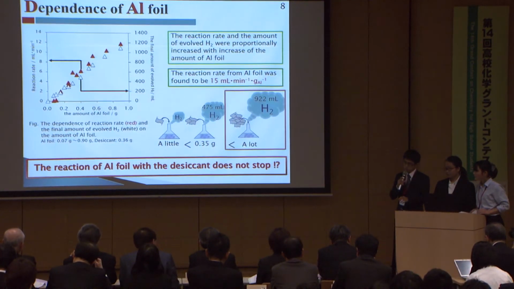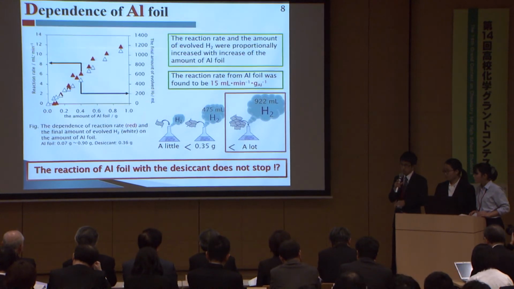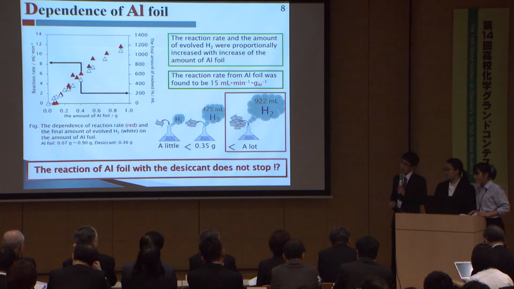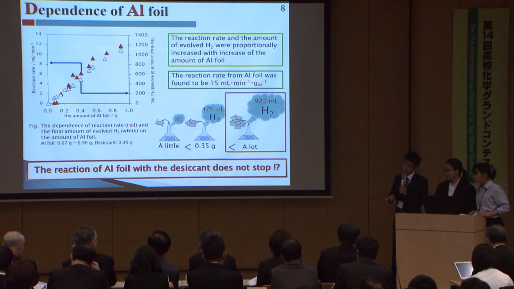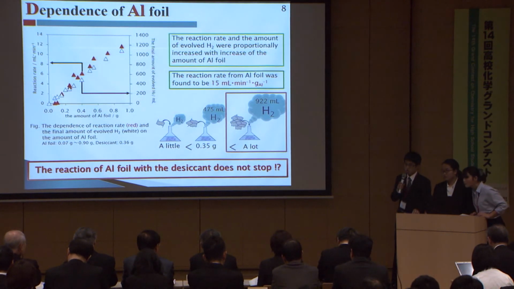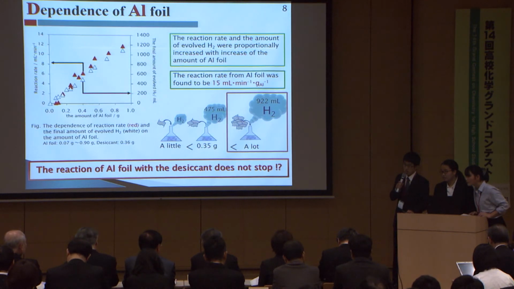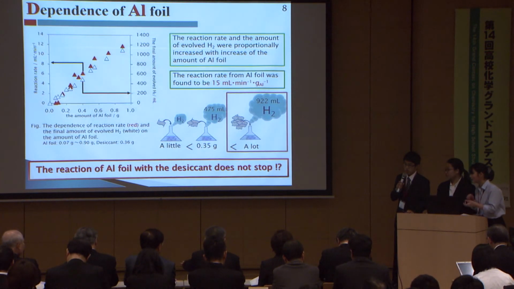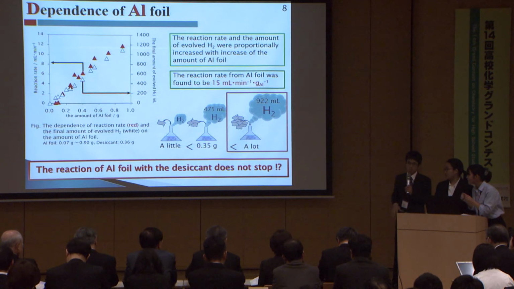The cut aluminum foil is good for the reaction, but the block is not good for reaction. The block... Originally the aluminum is a foil. Foil means it's a thin film, right? What's the meaning of the block?